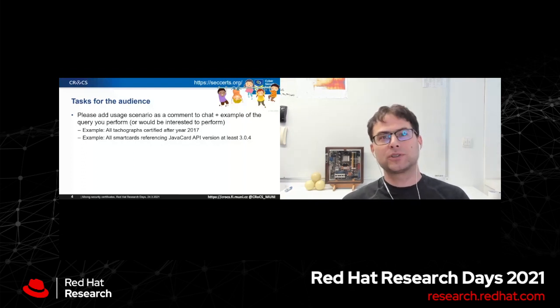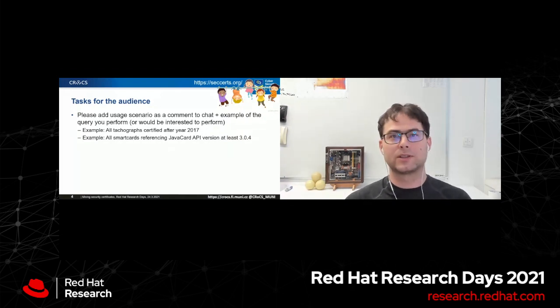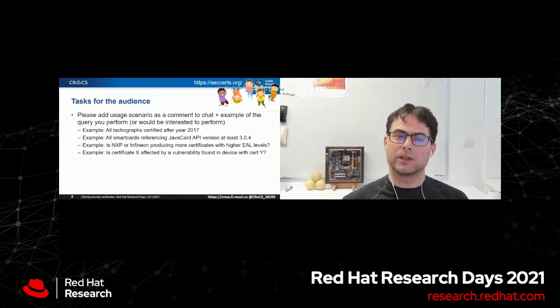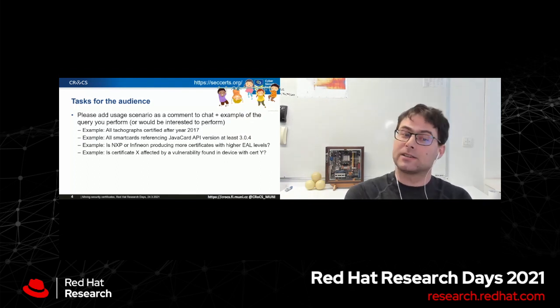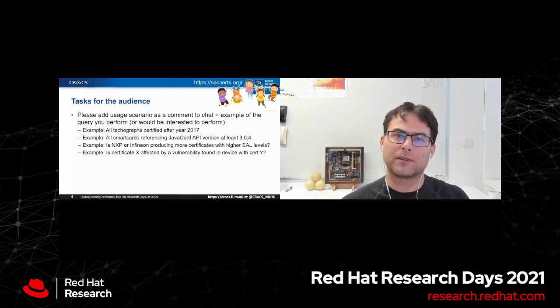Or I'm interested in all smart cards that are referencing Java Card API version 3.0 at least. Or even, which company is producing more certificates with high security levels? Is it Infineon, NXP, some other company?